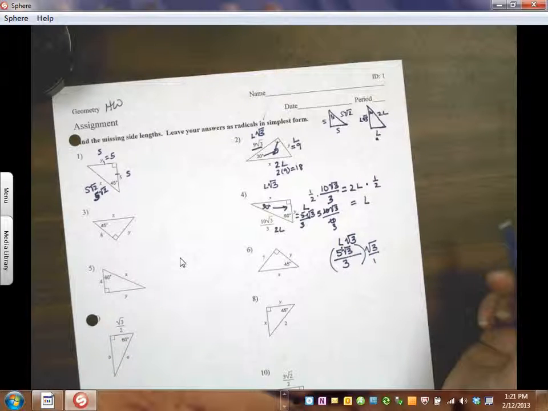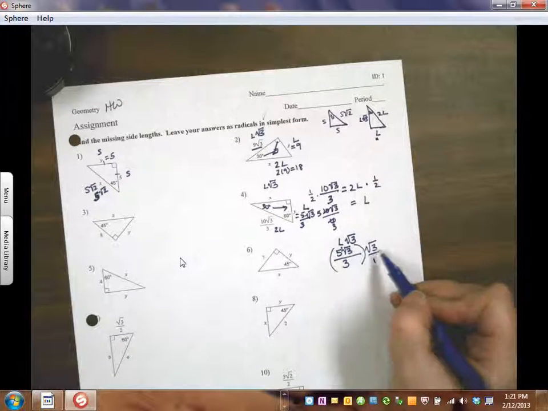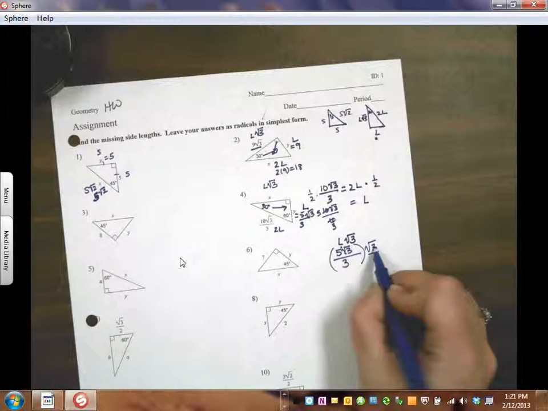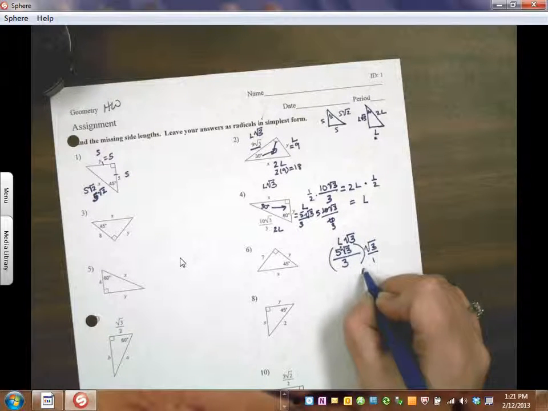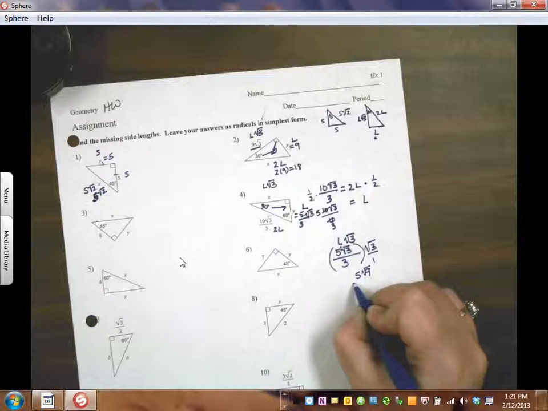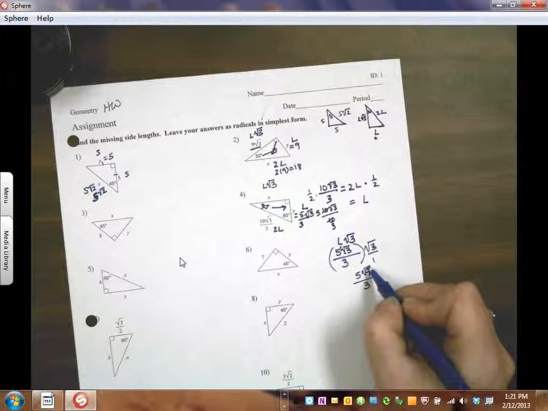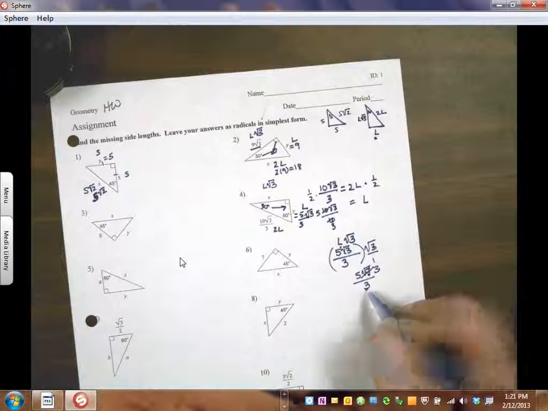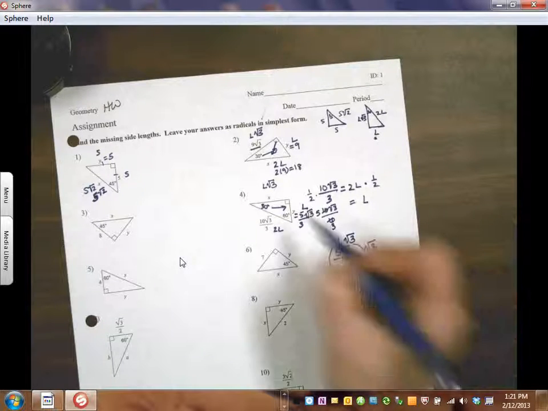See that? So we're going to multiply across. And I know root 3 times the root 3 is the root of 9, which is 3. Notice I have 3 over 3. So what is my answer? 5.